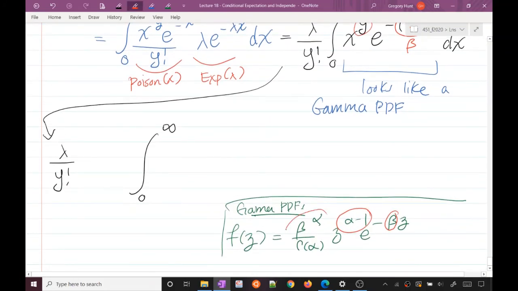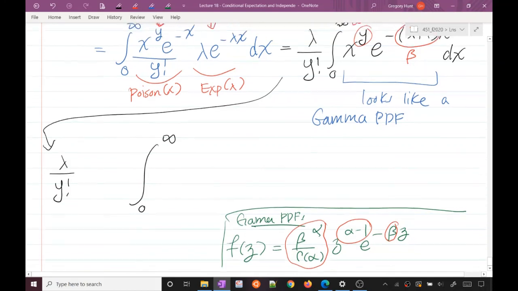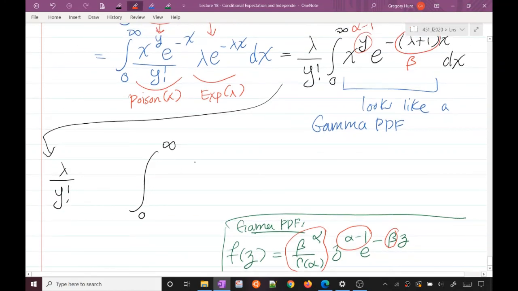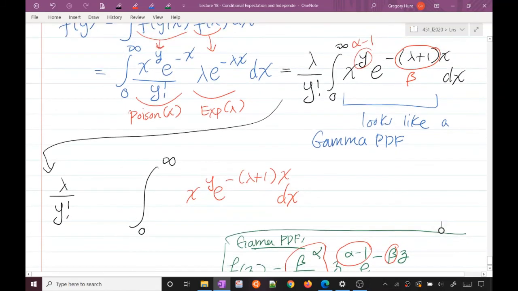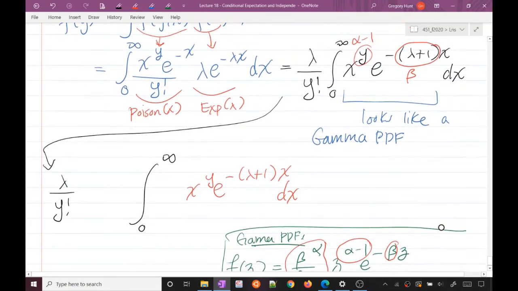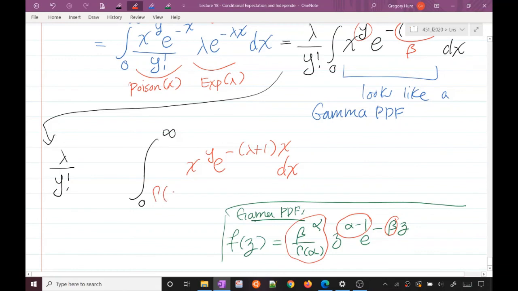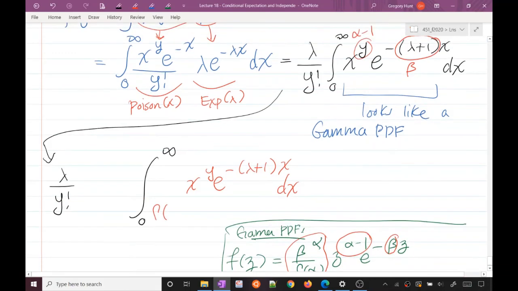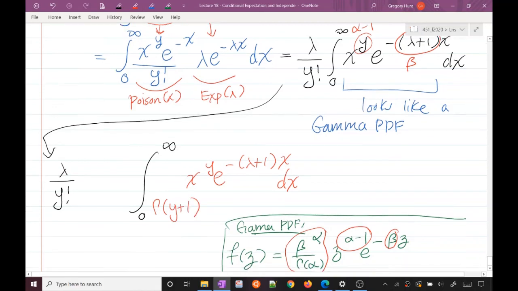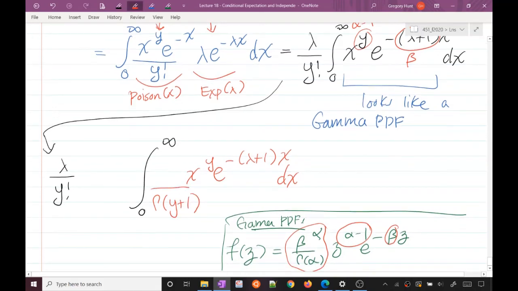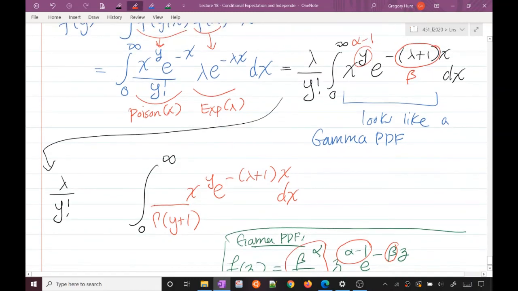So what we're missing out front, of course, is this constant. So let's just write down what we have. We have x to the y, e to the negative lambda plus 1 times x. And what we're missing is the constant, which in the denominator would be gamma of alpha, where alpha in this case would be y plus 1. And in the numerator, it would be beta to the alpha. Beta is lambda plus 1, and alpha is y plus 1.